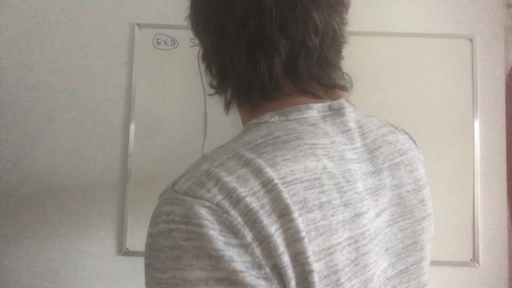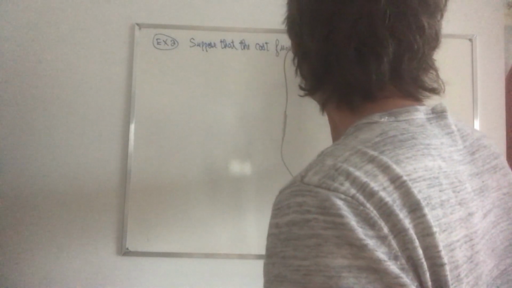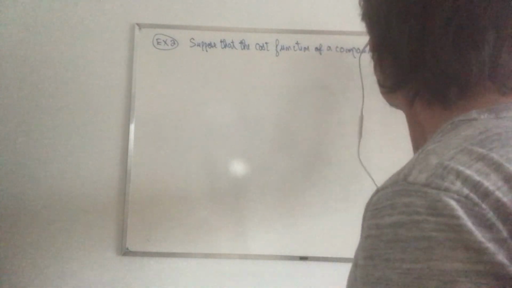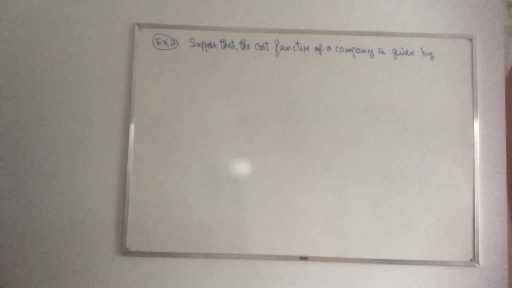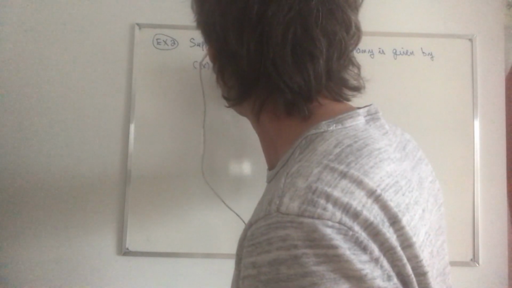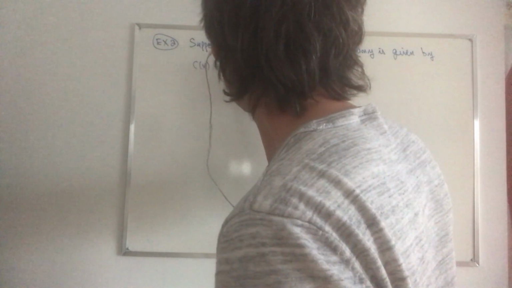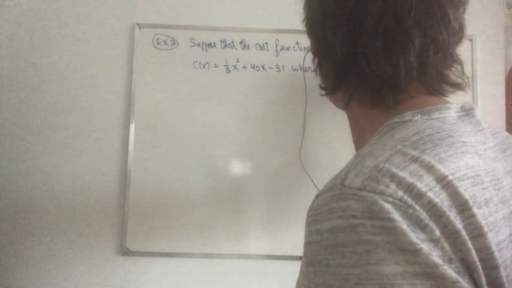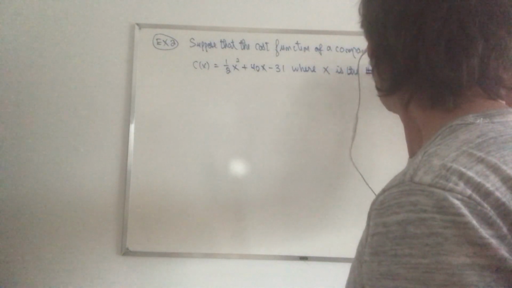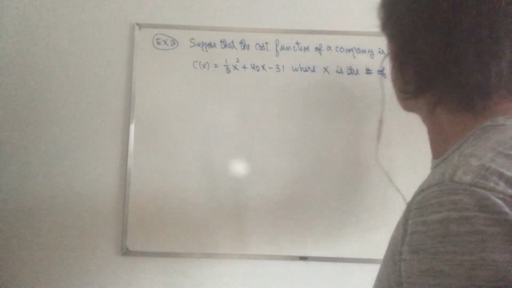So suppose that the cost function of a certain company is given by C of x is equal to half x squared plus 40x minus 31, where x is the number of, for lack of better words, gizmos made.